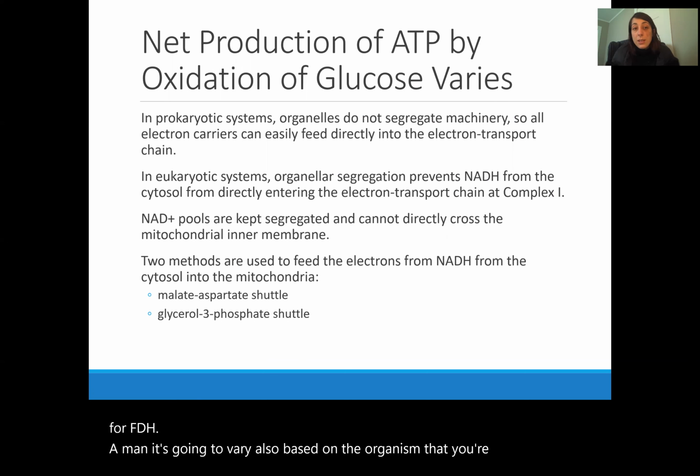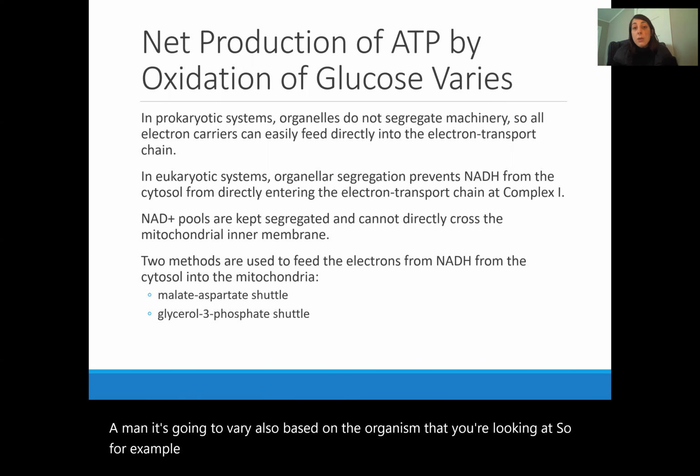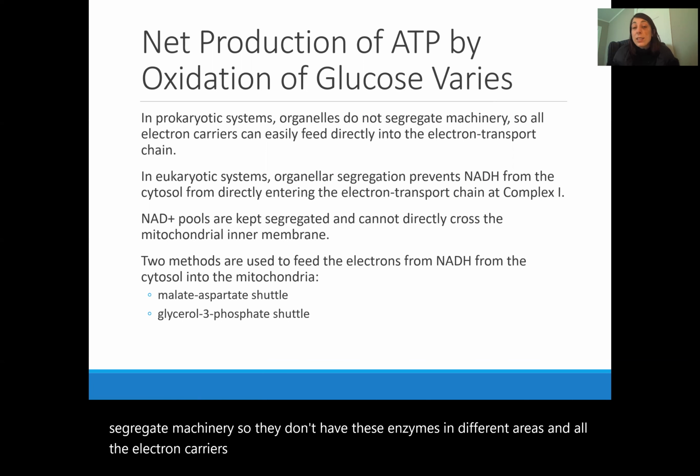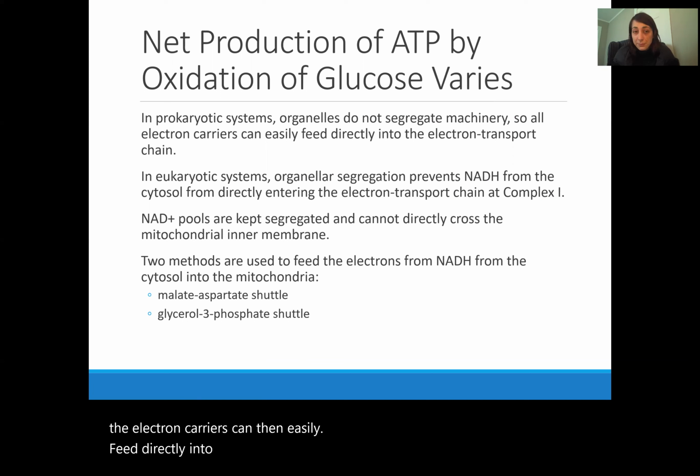So, for example, in prokaryotes, their organelles do not segregate machinery. So they don't have these enzymes in different areas. And all the electron carriers can then easily feed directly into the electron transport chain.